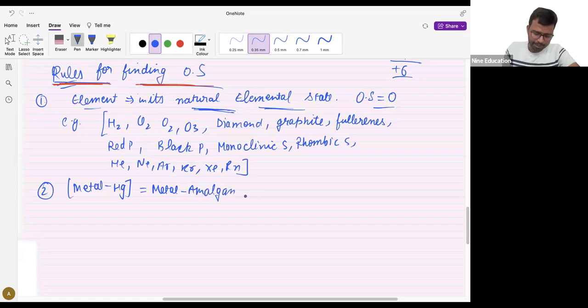If we have metal amalgam, the oxidation state of the metal is 0. Let's say we write sodium in Hg. Here the oxidation state of sodium is 0, mercury also 0. We have zinc in Hg. Here also zinc 0, mercury 0. Done.